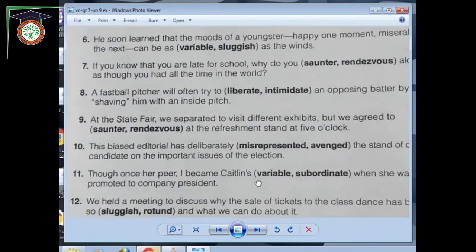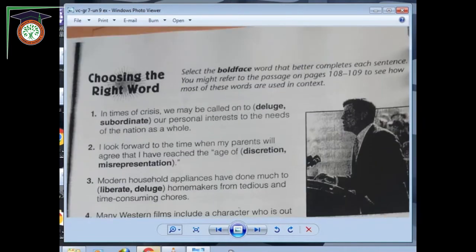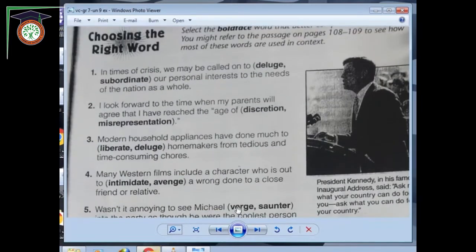If you don't have the booklet, you can use this same show of mine to answer the questions, and only write the answers on a paper and send it to me. If you have the booklet, the same way around. You write only the answers, 1, 2, 3, 4, and so on, and send me the answers on my email or LMS. So you only write your choice of the word.